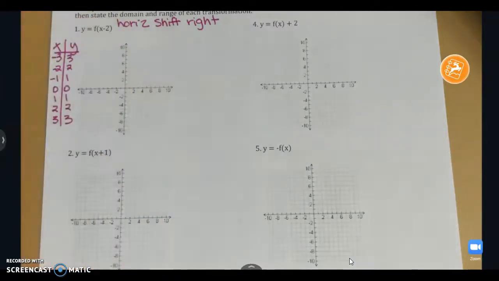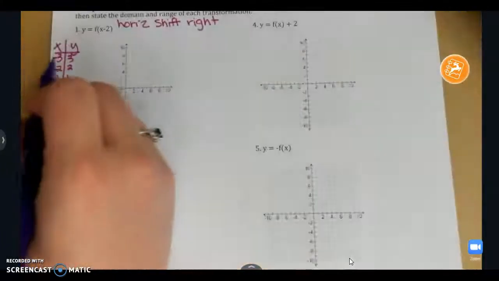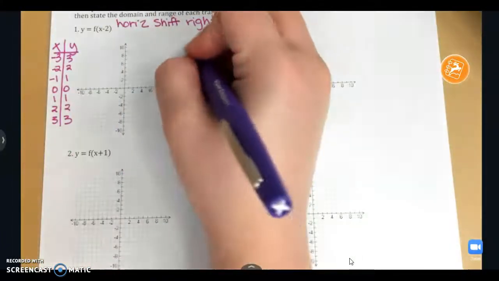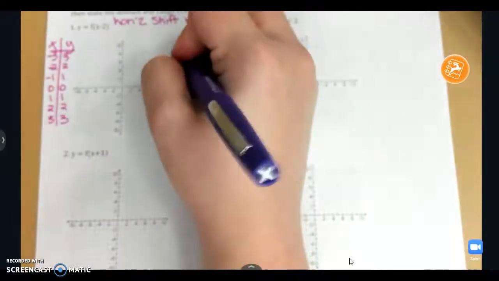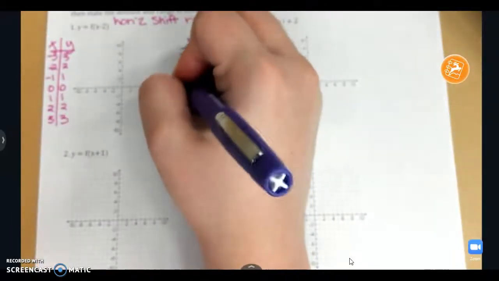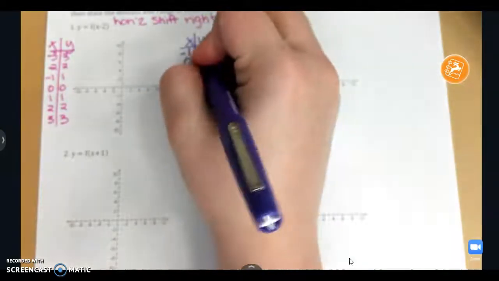When we have a horizontal shift, that means that only my x values are changing. If they're shifting to the right, they're going to be increasing, so I'm going to add 2 to each of these x values. My y values are going to stay the same.